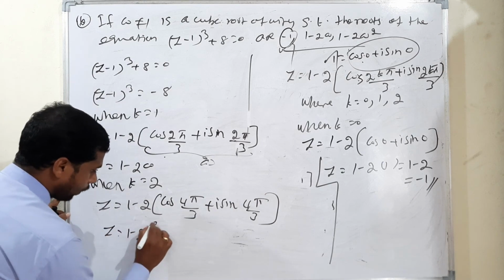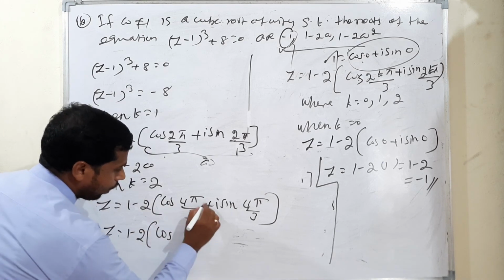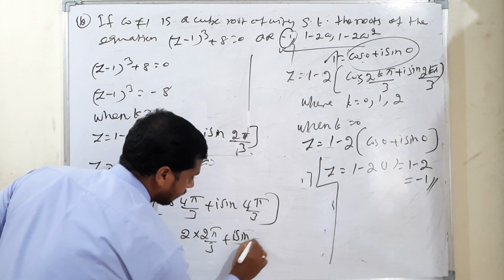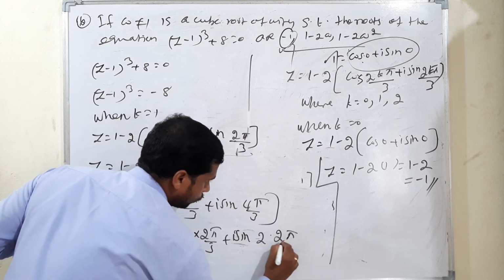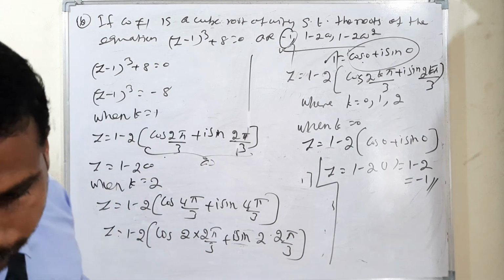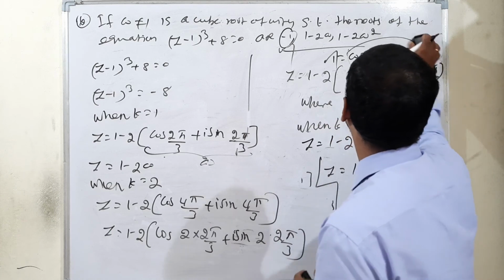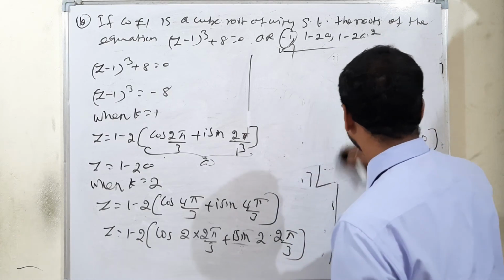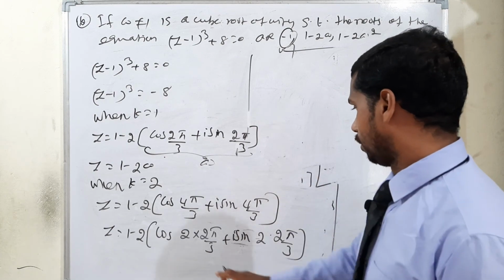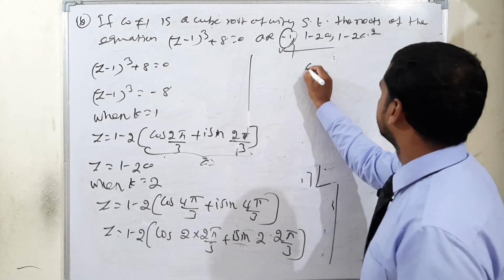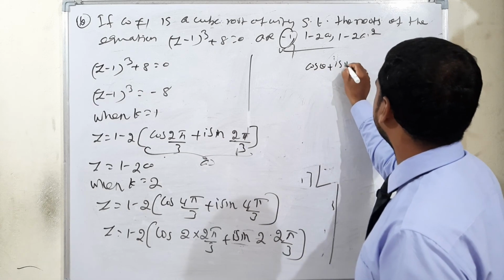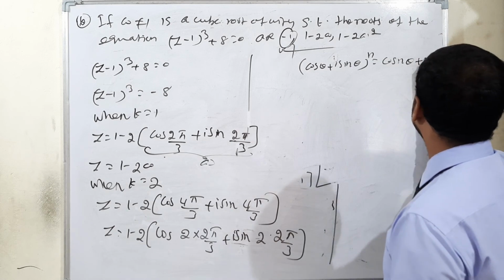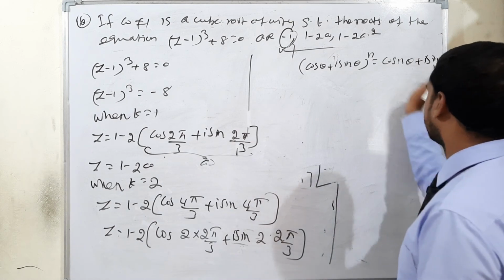Z is equal to 1 minus 2, cos of 4 pi we can write as 2 into 2 pi by 3 plus I sin 2 into 2 pi by 3. Already we know De Moivre's theorem. What is the meaning? Cos theta plus I sin theta the whole power n means cos n theta plus I sin n theta. Just reverse it.